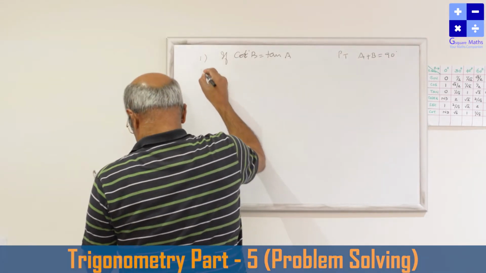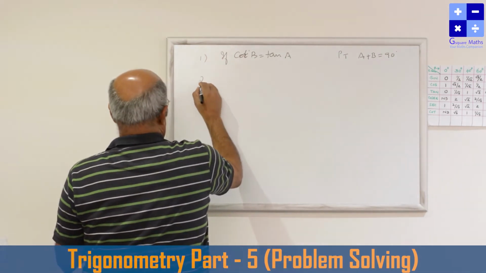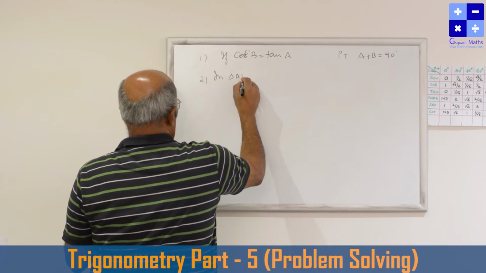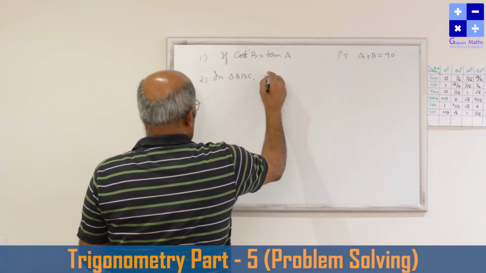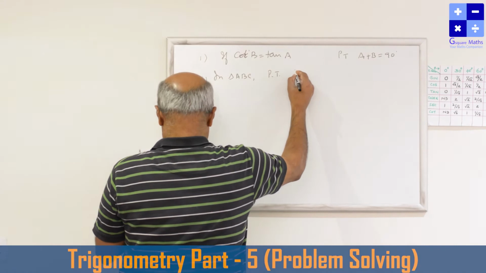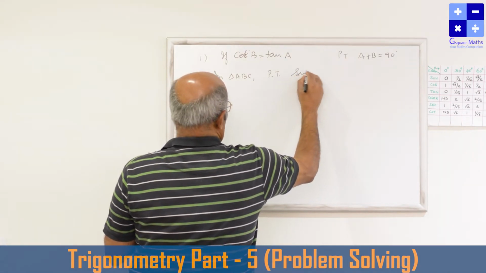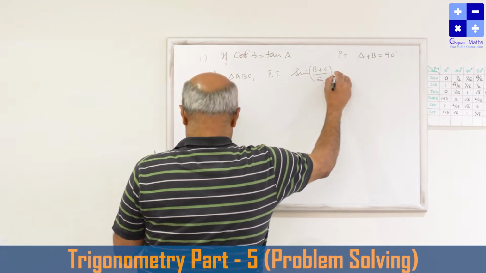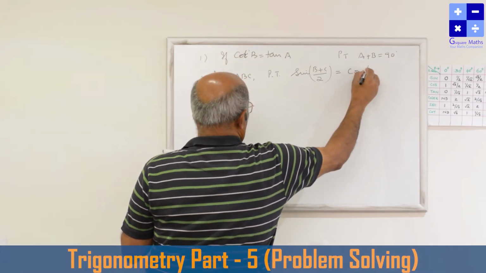The second one: in a triangle ABC, prove that sine of B plus C by 2 is equal to cos A by 2.